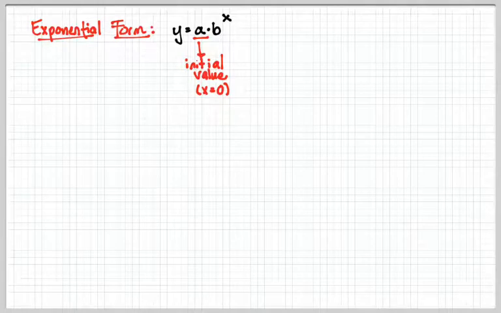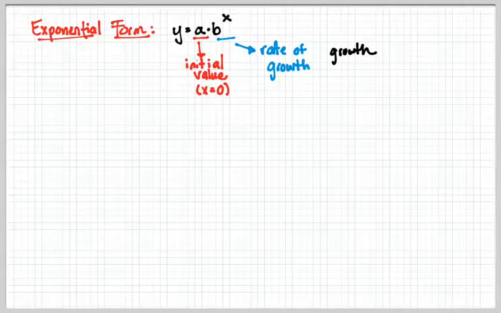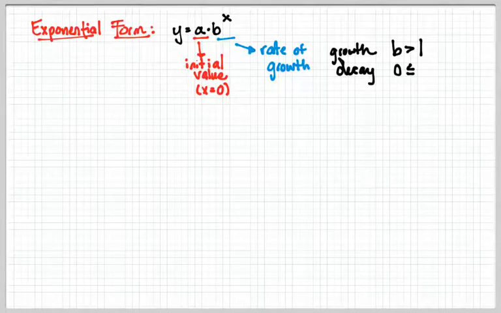And then your b value is your rate of growth. We can just call it the rate of growth. And we looked at that graph earlier. We know that it will be exponential growth when b is greater than 1, and we know it's decay when b is between 0 and 1.